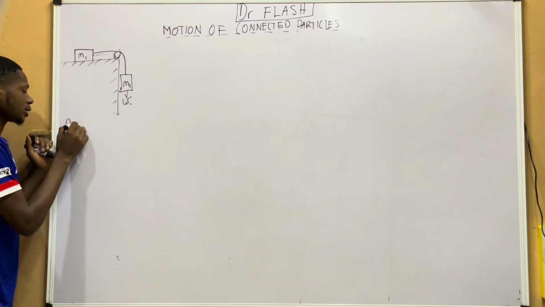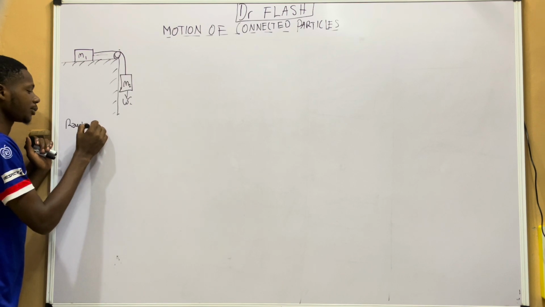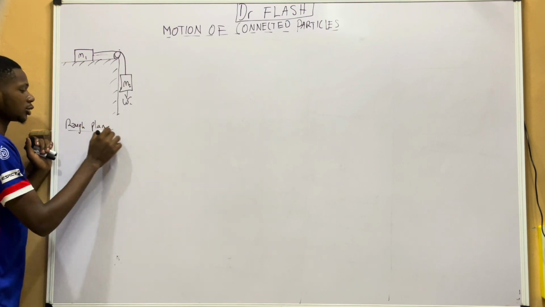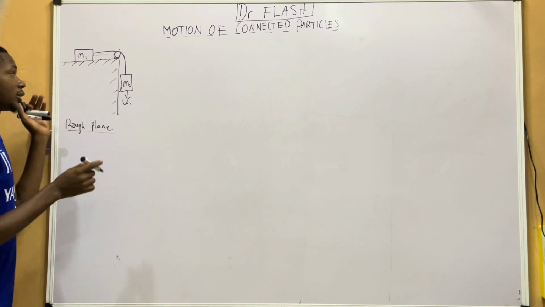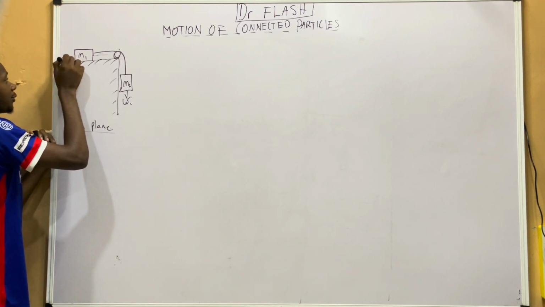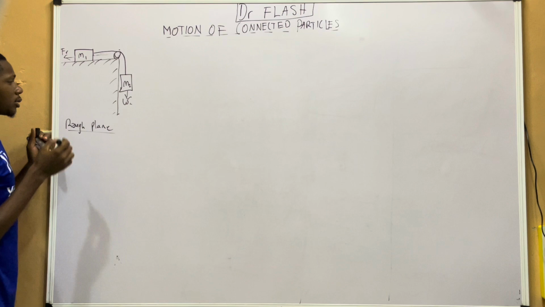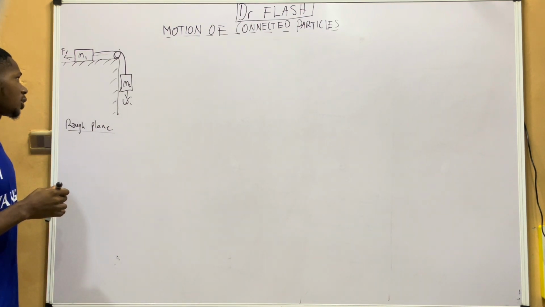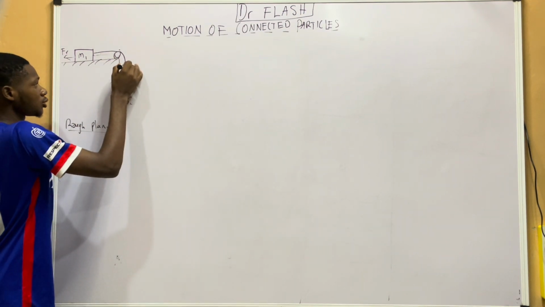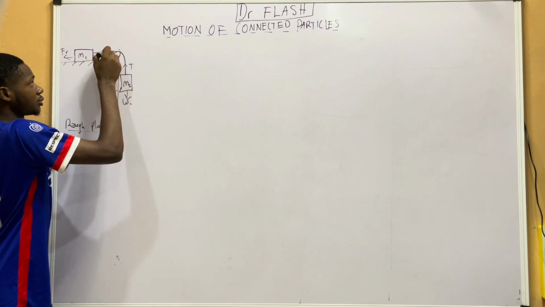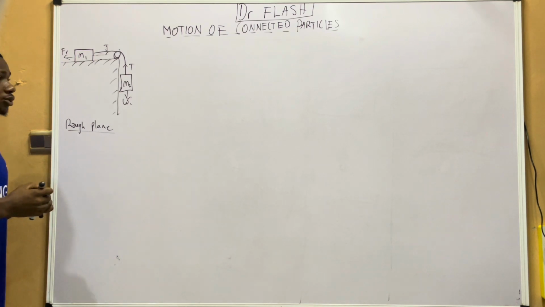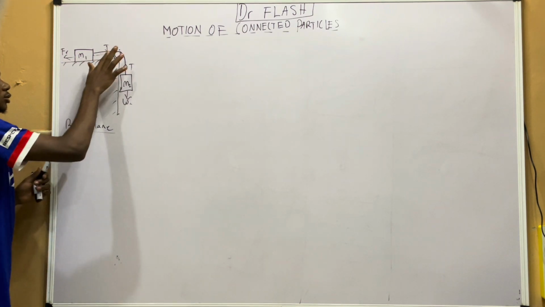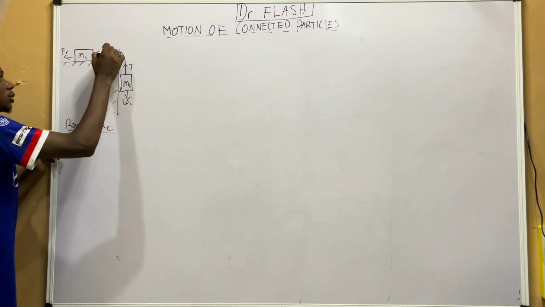So later, I'll be describing it for a rough plane. We're going to have a frictional force, and then again we're going to have tension in this direction, and also tension in this direction.